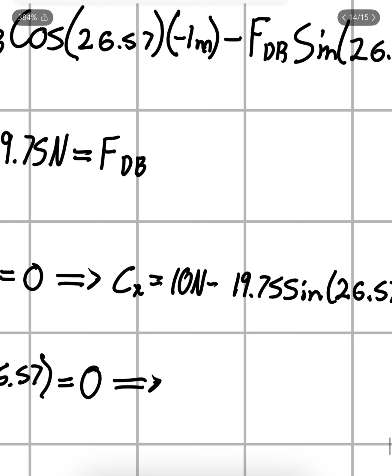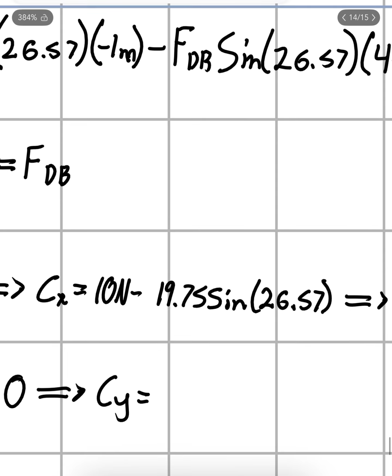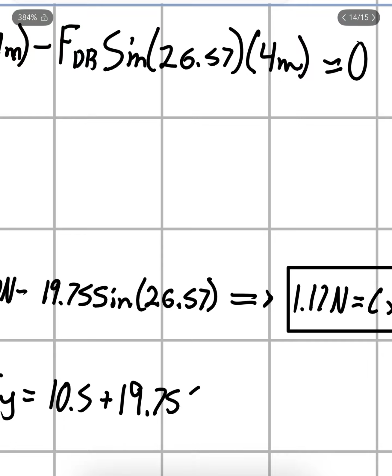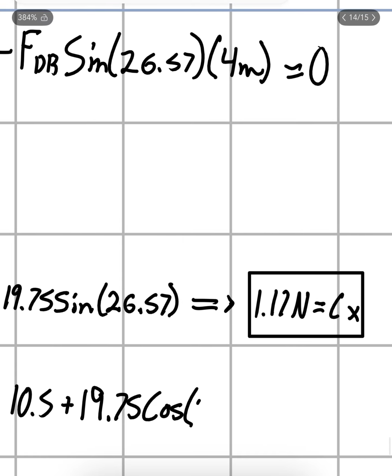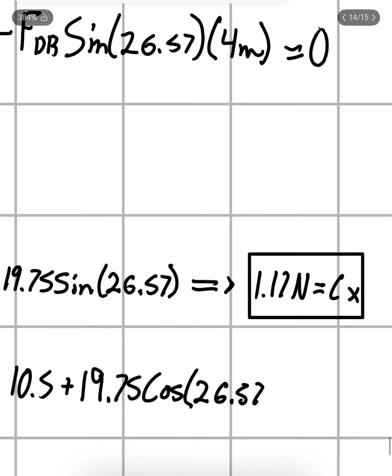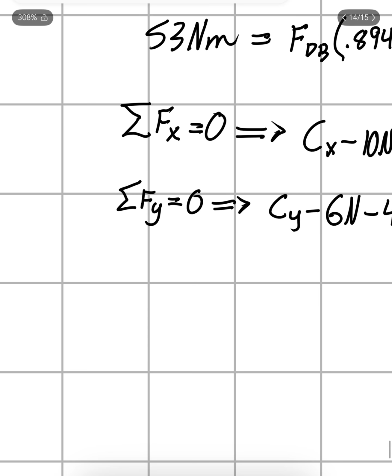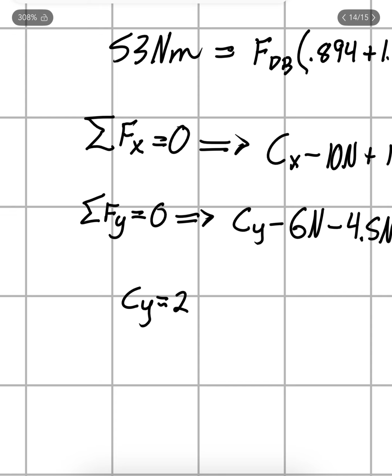Therefore, if we rearrange this equation, Cy equals 10.5 plus 19.75 cosine of 26.57. Solving for Cy, we get Cy equals approximately 28.16 newtons.